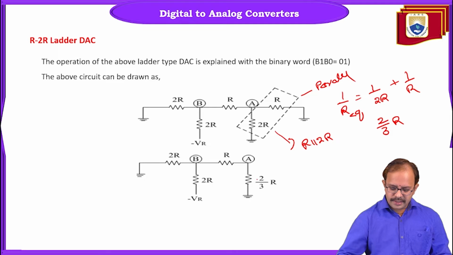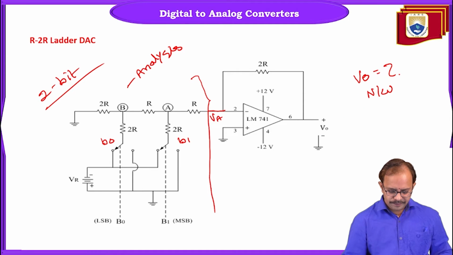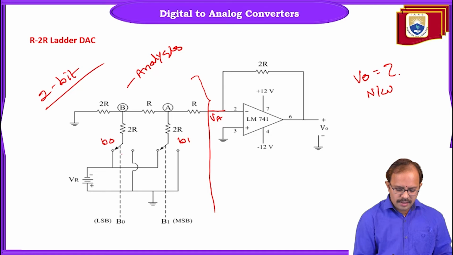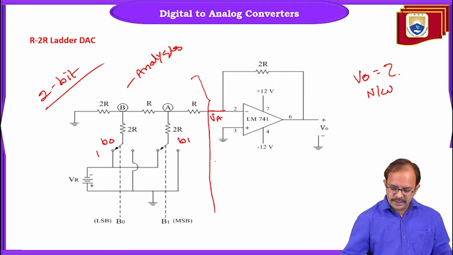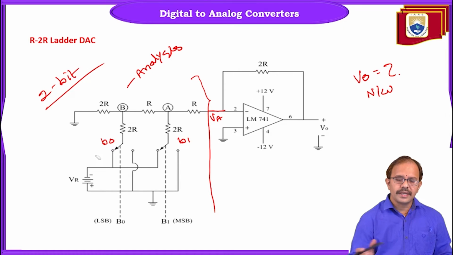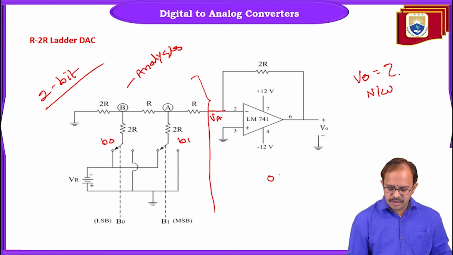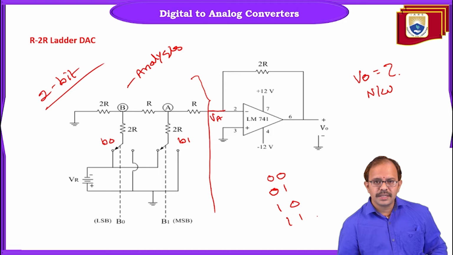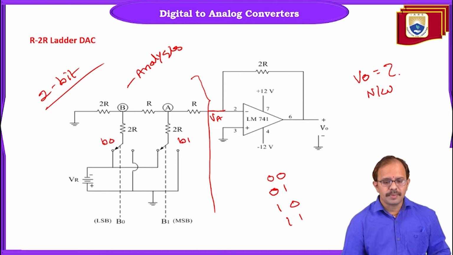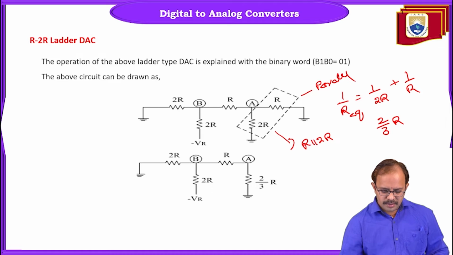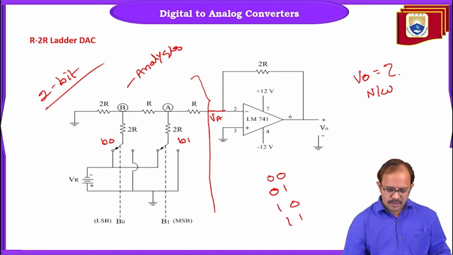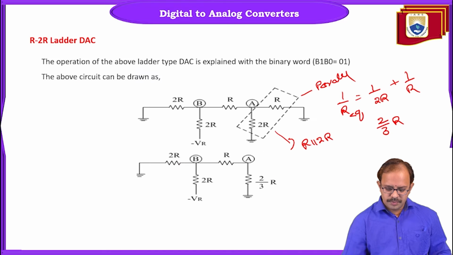And so here let us consider the binary data. What are the possible incoming data for a 2-bit data? For a 2-bit digital data, it can be 00, 01, 10 and 11. These are the possible incoming data sequences for a 2-bit operation. So now let us say B0 is going to be 1 and B1 is going to be 0. 0 means it is connected to the ground.